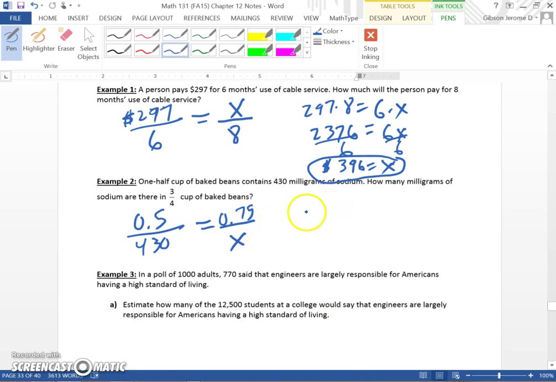So we will cross multiply. We have 0.5 times x, and that's equal to 430 times 0.75.